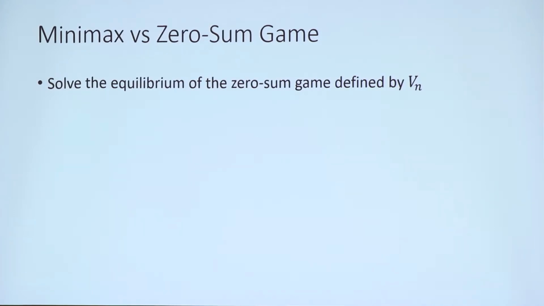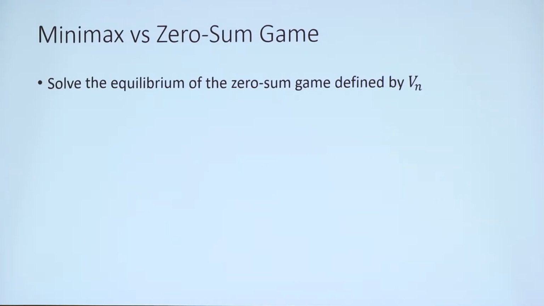You rather just solve an equilibrium of the zero-sum game that is implied by this minimax problem. So treat this as a real game between the discriminator and the generator, which is not what you really care about. You don't really care about finding an equilibrium. All you care about is finding a solution to the minimax problem. But the reason why you go to this game formulation is so that you can simplify the optimization problem.